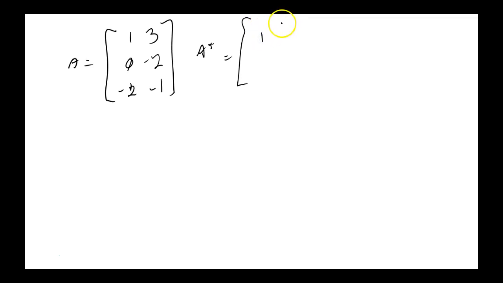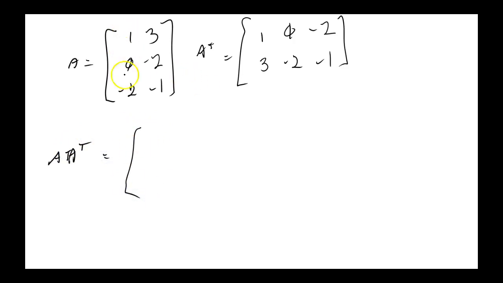1, 0, -2, 3, -2, -1. Can you multiply those two? Yes. What will be the size of the product? 3 by 3. Absolutely. 3 by 2 times 2 by 3 is a 3 by 3.